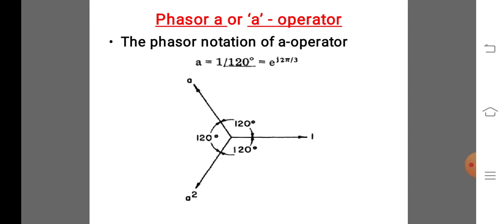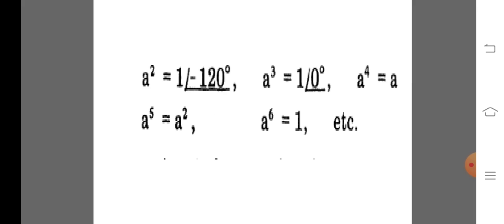Then we can look at the phasor operator. Phasor notation of the operator: a equals 1 angle 120 degrees. We take each phase angle between two phases as 120 degrees. So we can calculate e power j 2 pi by 3.